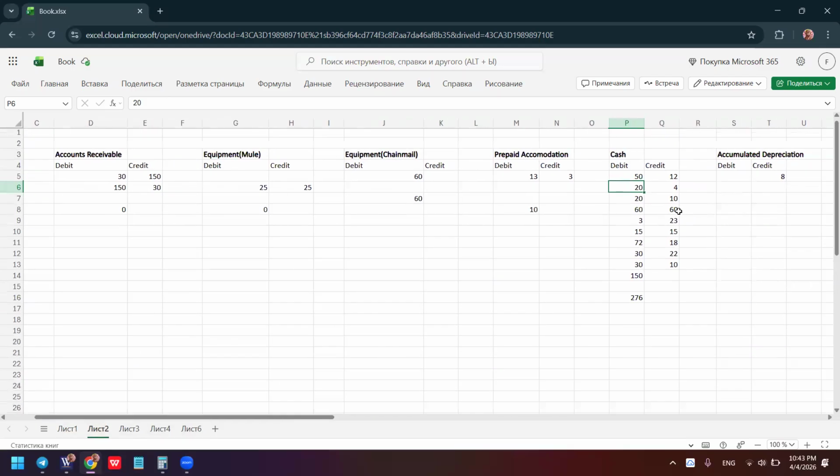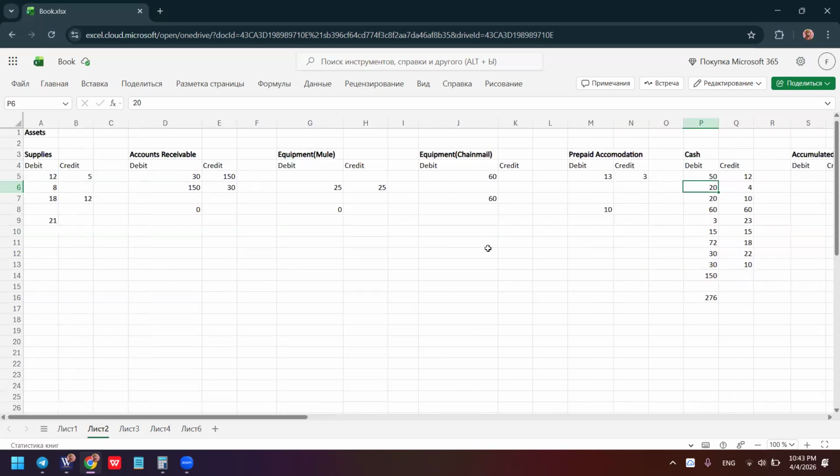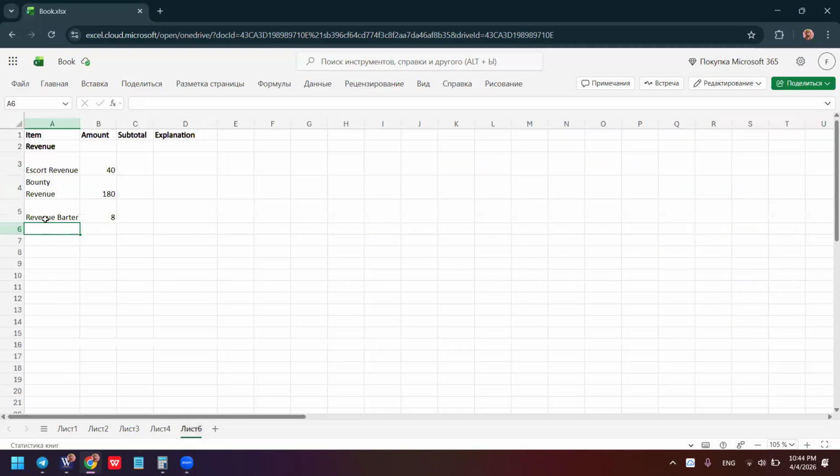Where was it? Barter revenue, it was in the supplies. So we used it for supplies. According to the story, she sold something and she got the cash. So it was sort of a trade. So let's continue.